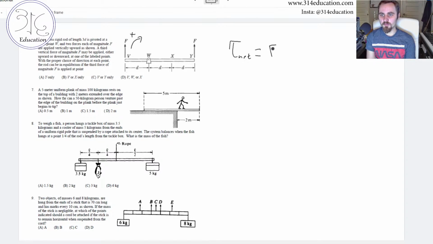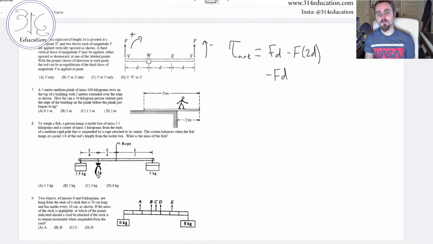We have a torque of F times D. And then in the counterclockwise direction, which we'll define as negative, we have a torque of F times 2D. So our net torque is a negative FD.